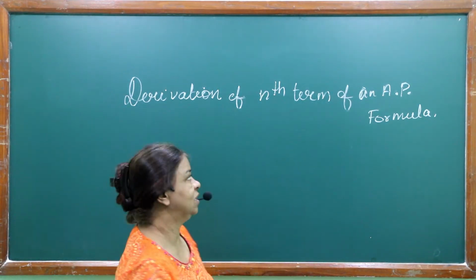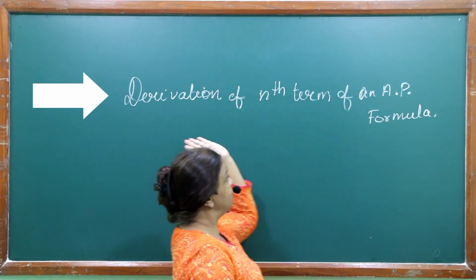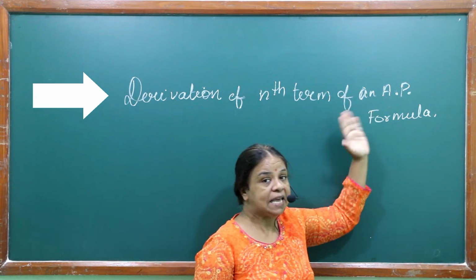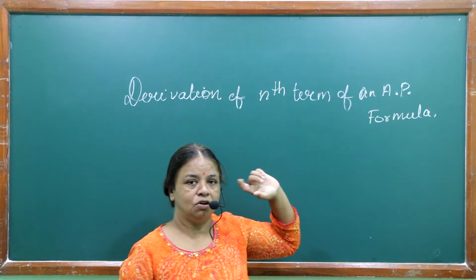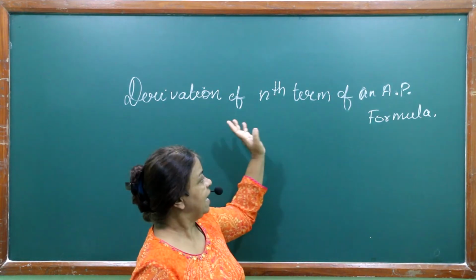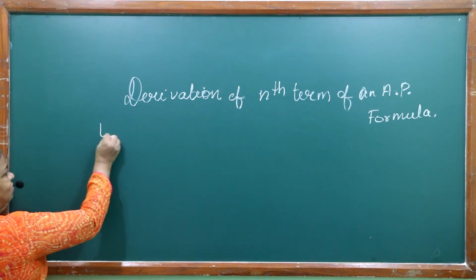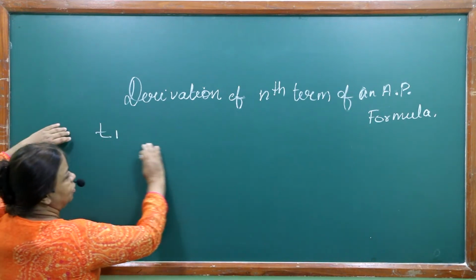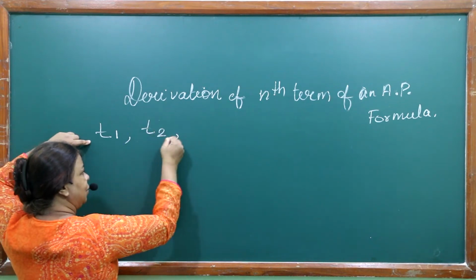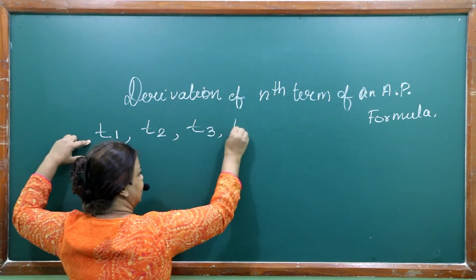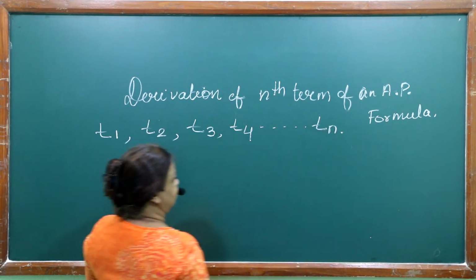We will begin with derivation of the nth term of an AP. The nth term of an AP is a formula, and we will be deriving it. We have all learned that an arithmetic progression contains the terms T1, T2, T3, T4 and Tn.